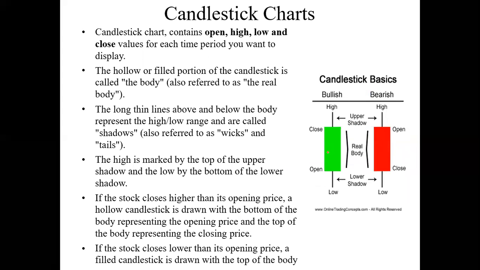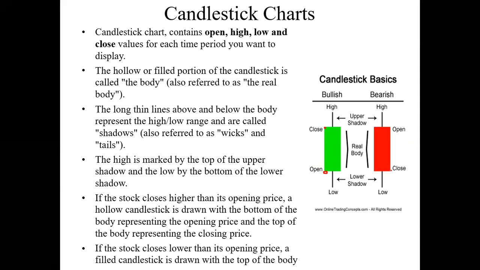Next are the candlestick charts. You can see in the graph here the chart. Bullish and bearish: bullish will be represented with green and bearish will be represented with red. Both show the upper where is the high, and this upper one says the close price and below says the open price.